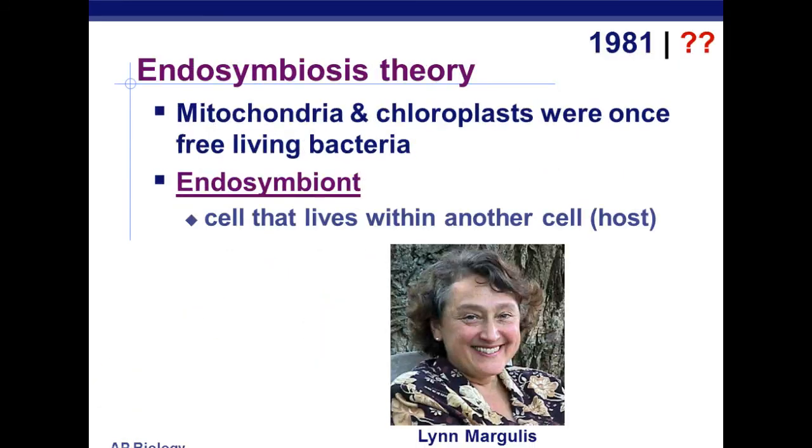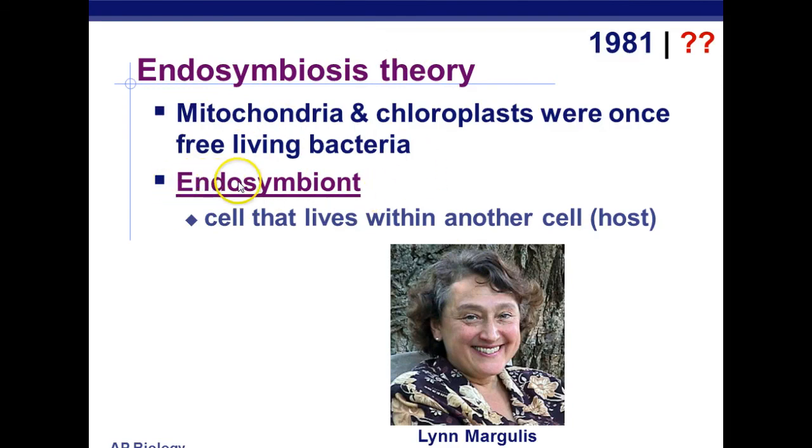So all of this information led to the formation of the endosymbiosis theory proposed by Lynn Margulis right here. You see her. Write in your notes that this theory proposed that mitochondria and chloroplasts were once free-living bacteria that were engulfed by an ancestral eukaryote and became what are called endosymbionts. You see that word right here.